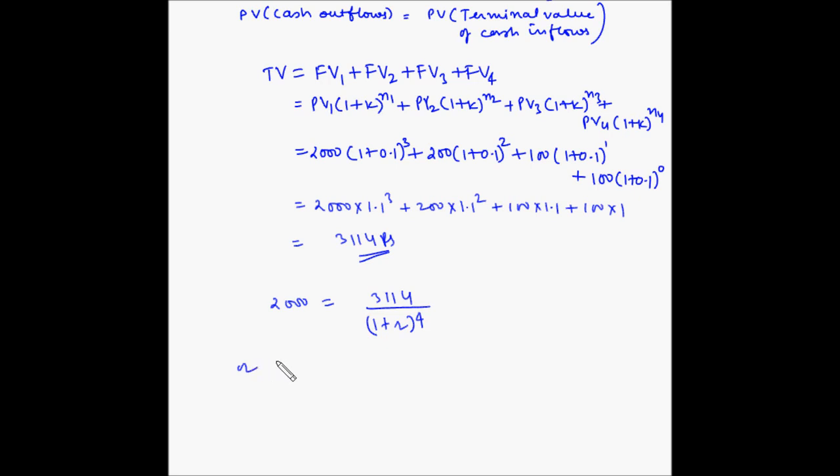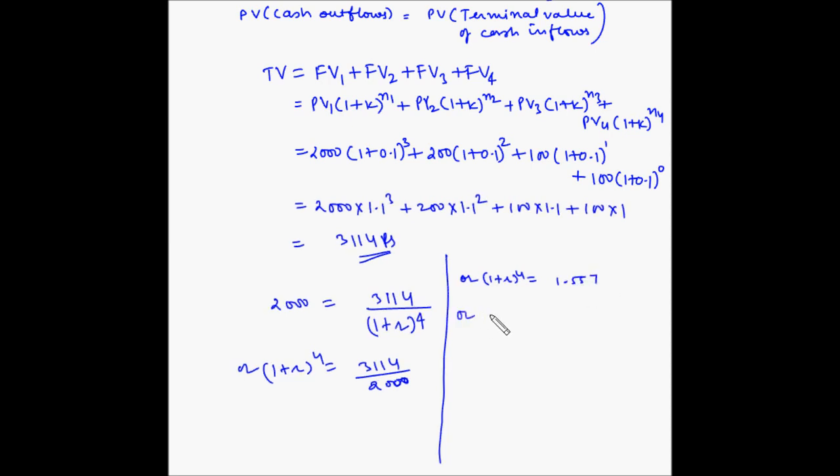Or 1 plus R to the power 4 is equal to 3114 divided by 2000, or 1 plus R to the power 4 is equal to 1.557, or now we'll take the fourth root of both the sides.